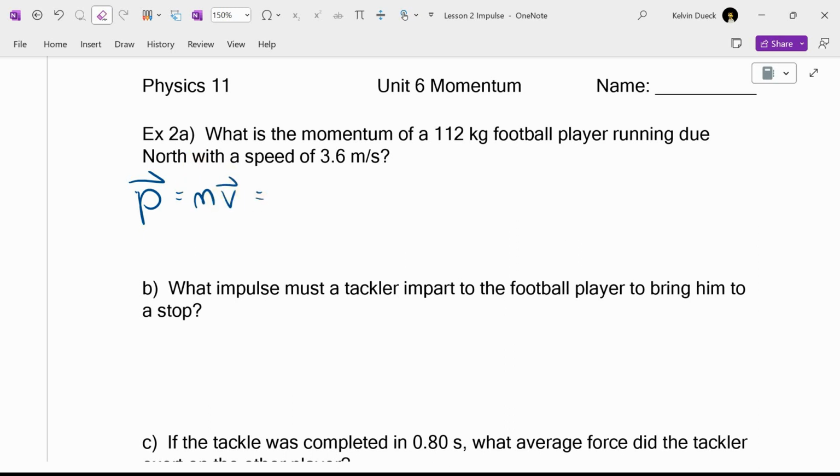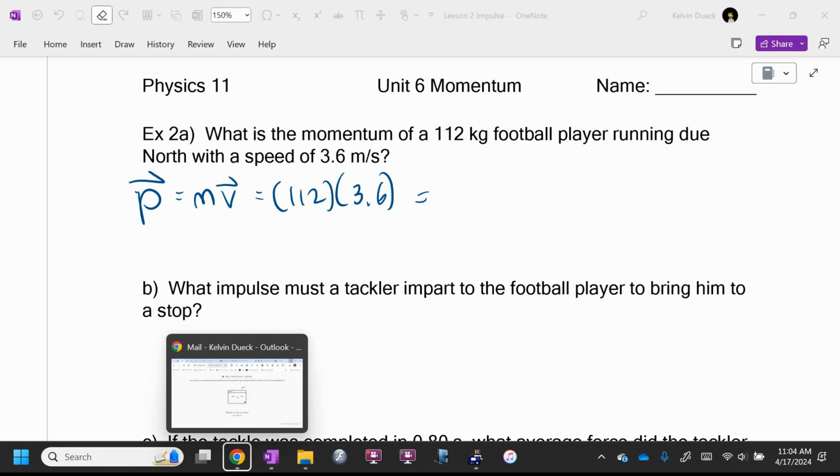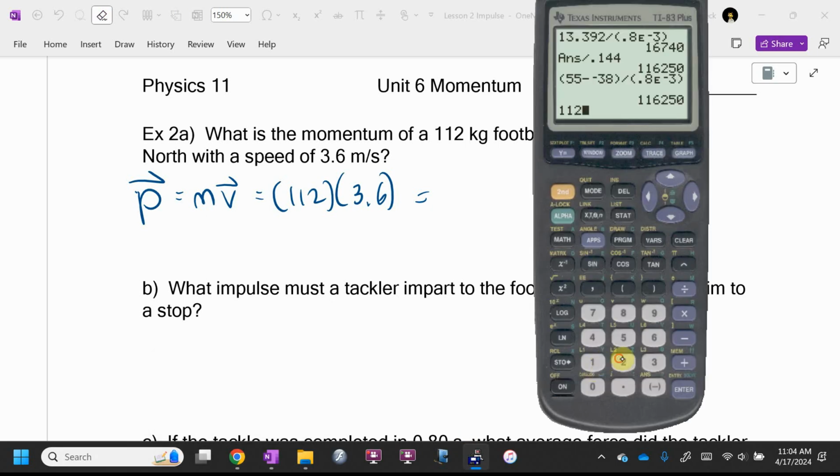Okay. What's the mass? What's the velocity? How much momentum does this person have? Let me know what you get.